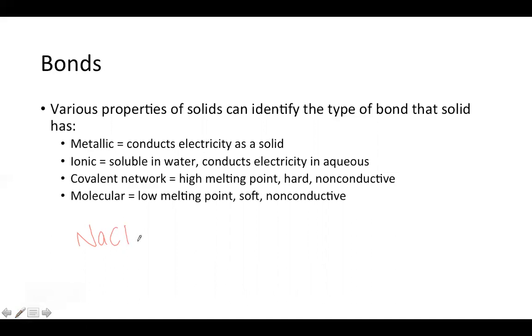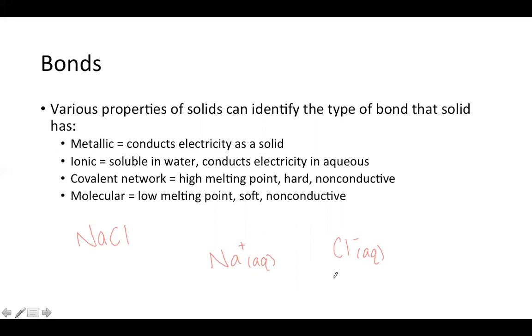When it's a solid, it's not going to conduct electricity, whereas when we dissolve it in water, you have ions that are now free to float around. And so now we have free-moving charges, so an ionic compound in aqueous solution can conduct electricity.